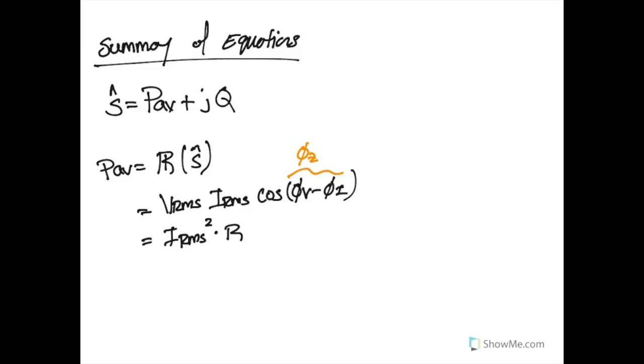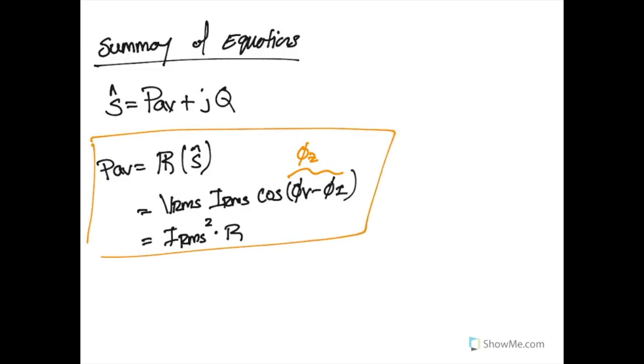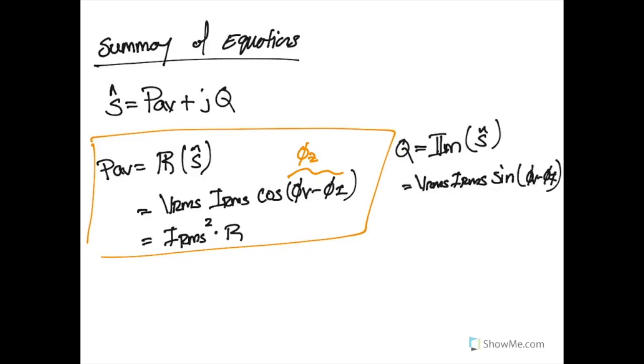So we've got one set of equations here. Another set of equations is that our reactive power, Q, is going to be the imaginary component of the complex power, and that is going to be VRMS IRMS, and then the difference here is that this is the sine of the difference between those two phases, and in the same way this will also be called phi of z.